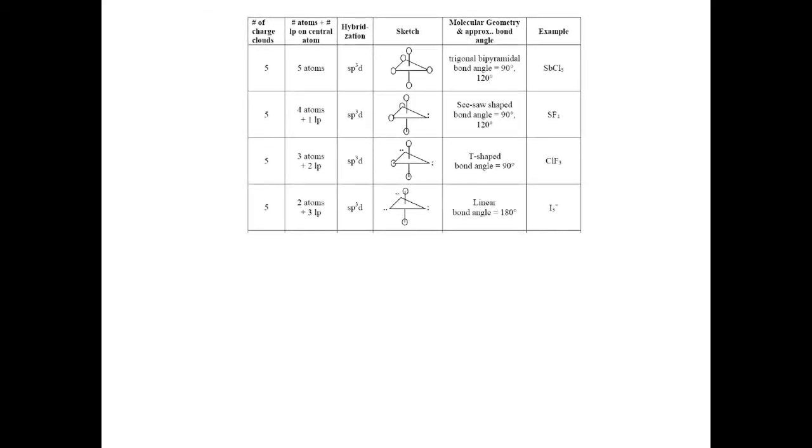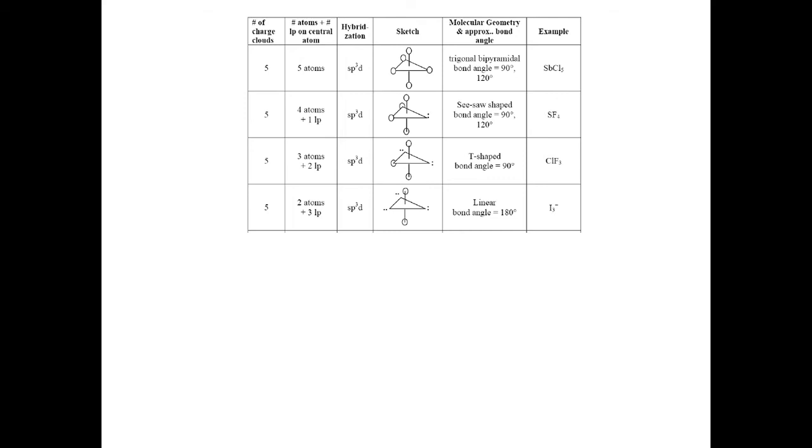So we are coming to another example where Z equals 5, so it can have different combinations. The basic framework is TBP, trigonal bipyramidal. If one lone pair is there, we need to keep in mind that the lone pair will go to the equatorial position according to Bent's rule, so that the lone pair can get more s character.